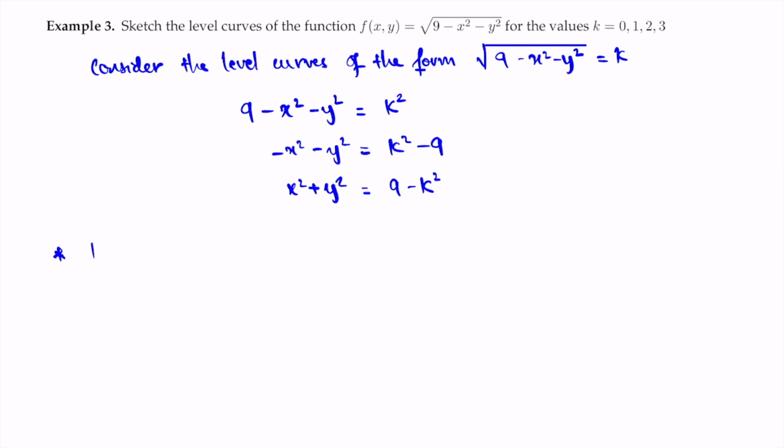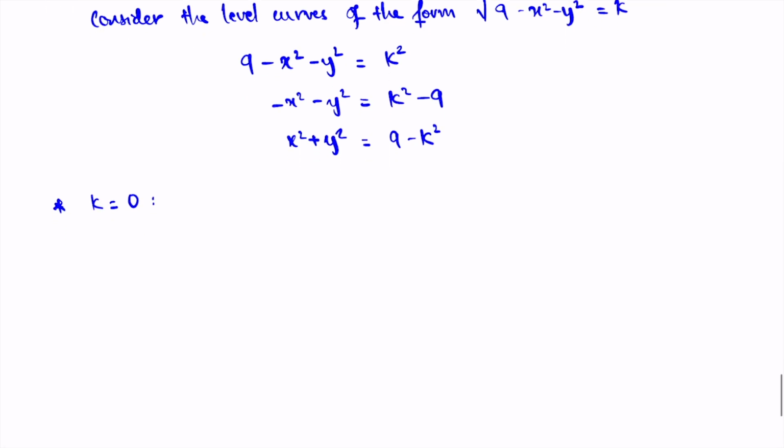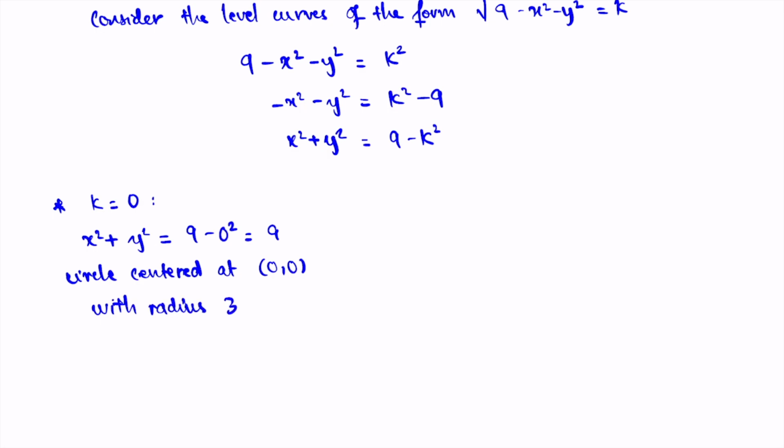In the case where k is equal to 0, you have x squared plus y squared equal to 9 minus 0 squared, or 9. So this is a circle centered at the origin with radius 3.